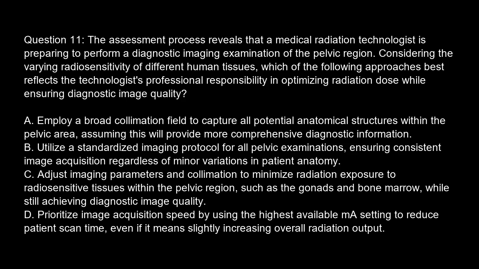Option C. Adjust imaging parameters and collimation to minimize radiation exposure to radiosensitive tissues within the pelvic region, such as the gonads and bone marrow, while still achieving diagnostic image quality. Option D. Prioritize image acquisition speed by using the highest available mA setting to reduce patient scan time, even if it means slightly increasing overall radiation output.